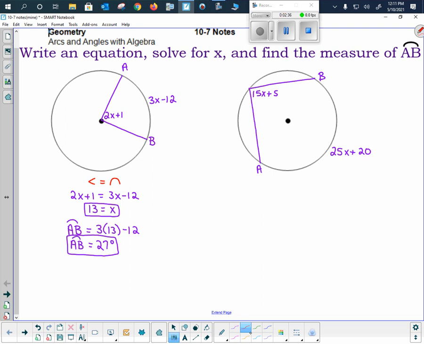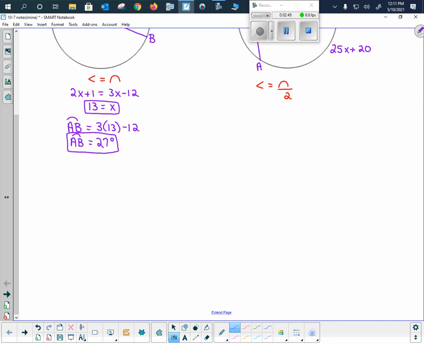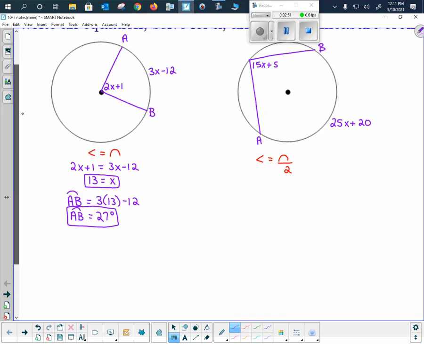It's on the circle. And you're supposed to know that angle equals arc divided by 2 in that case. So again, just filling in. The angle is 15x plus 5 equals the arc of 25x plus 20 all over 2.